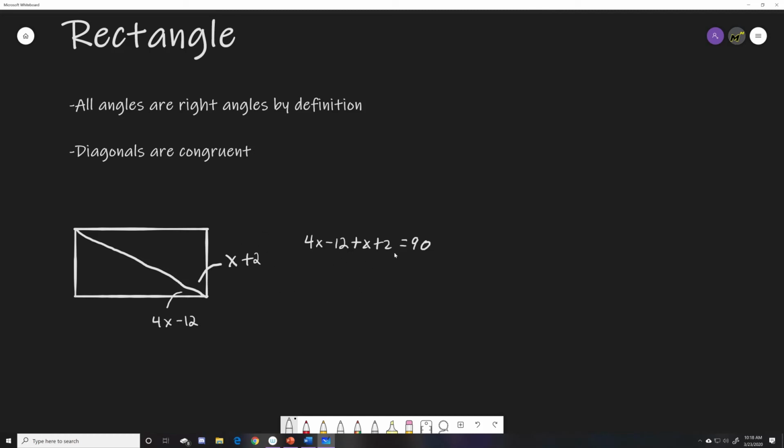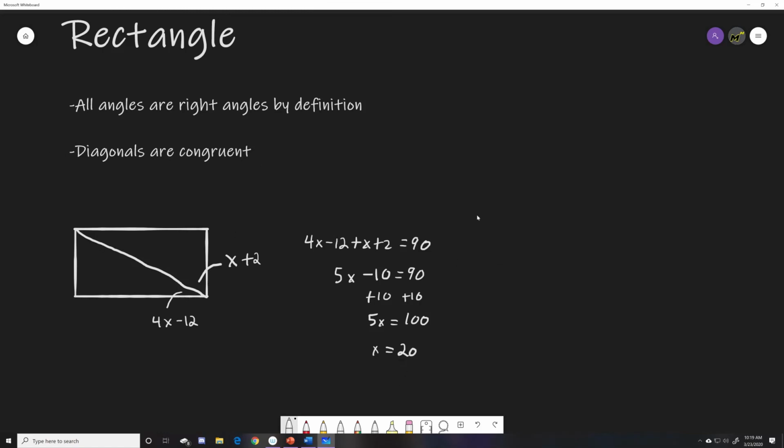Negative 12 plus 2 would leave us with negative 10. 4x plus x would give us 5x, and all of that would still equal 90. Then add 10 to both sides. And so you'd have 5x equals 100, and dividing by 5, x is going to equal 20.